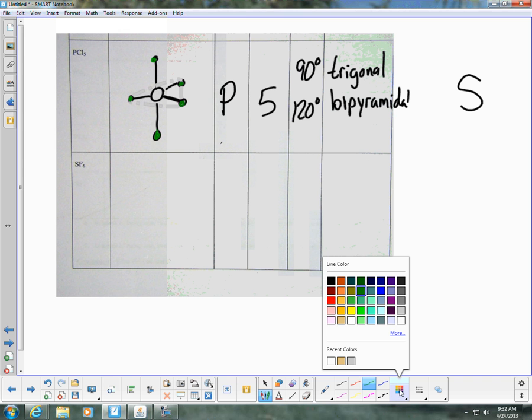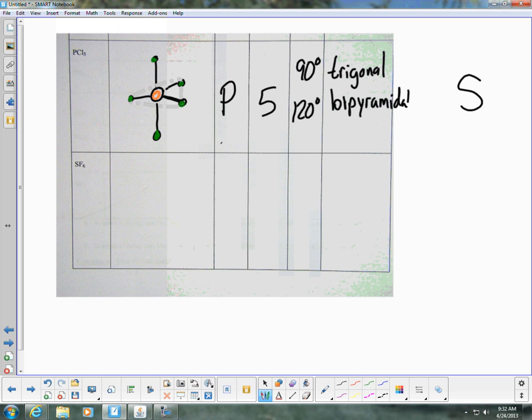And we'll color that. Okay. How many around sulfur? 6. 1, 2, 3, 4, 5, 6. And then we have fluorine. How many around fluorine again? 7. 1, 2, 3, 4, 5, 6, 7, right?